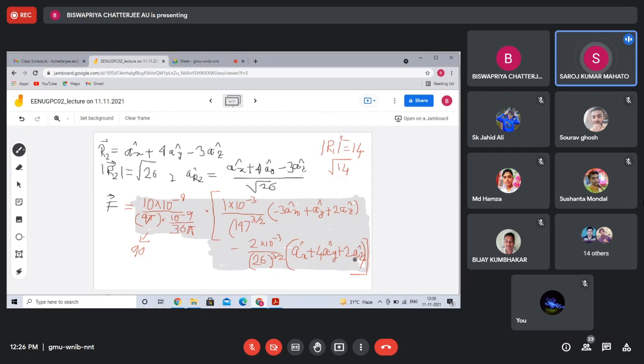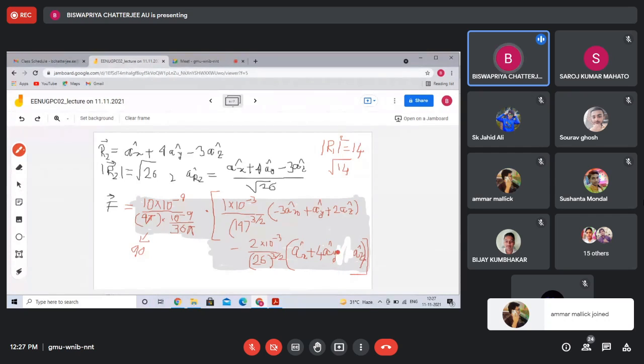Shouldn't that be minus 3AZ? Which one? The second term, AX plus 4AY minus 3AZ. Oh, minus 3 it should be, right. So it is 4AY minus 3AZ.